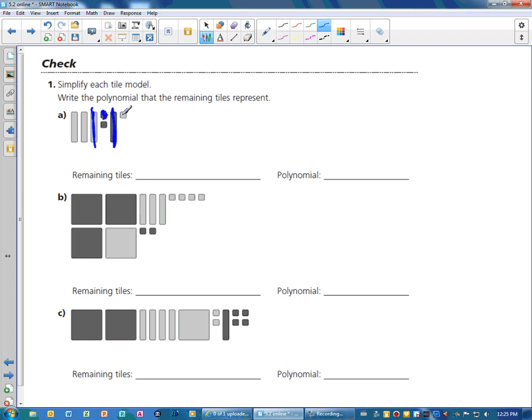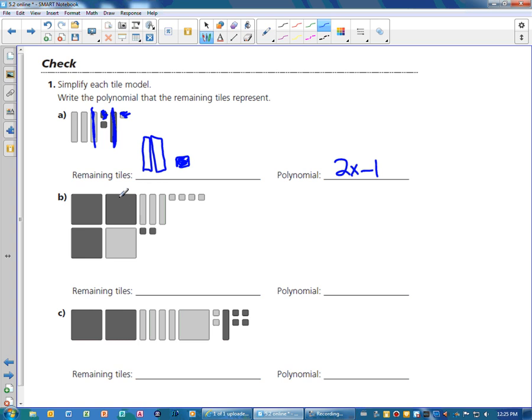And one of these is going to cancel with one of those. So I'm left with 2 of these positive tiles, these guys, and 1 negative 1. I'm going to color it in dark. Okay, so I end up with 2x minus 1. Hopefully, that's what you put.